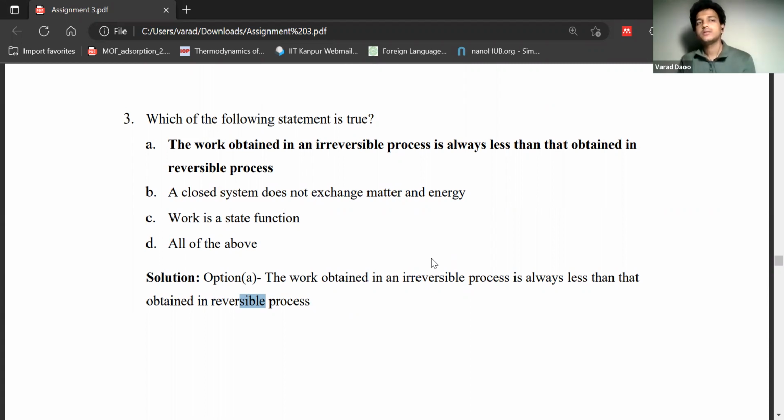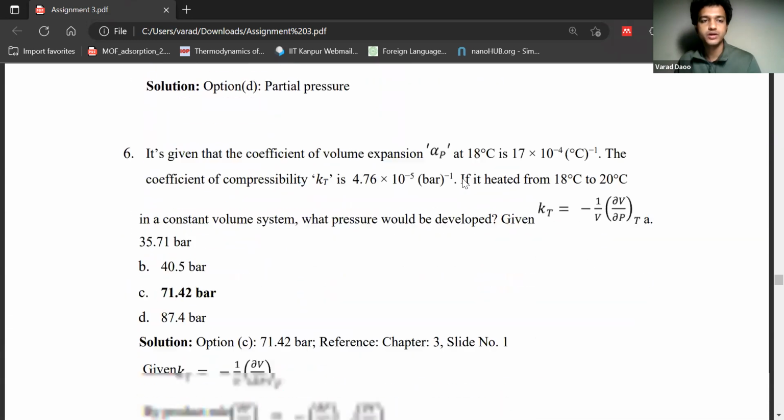Anybody has any doubts? Anybody has any question? I hope this is clear to everyone. We'll then move on to the next question.